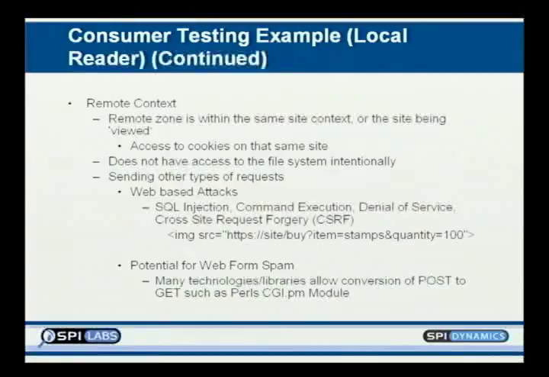It's pretty much you can only do things to the existing site that you're on. You can't access things on the file system because of the security restrictions that people have agreed upon with the different types of browsers. Now, specifically with cross-site request forgery, let's say I have my local reader and I download a feed. In that feed I have either JavaScript or an image source tag that will send a request to an offsite host. It's possible that an attacker could provide a URL that's actually an attack against another site.